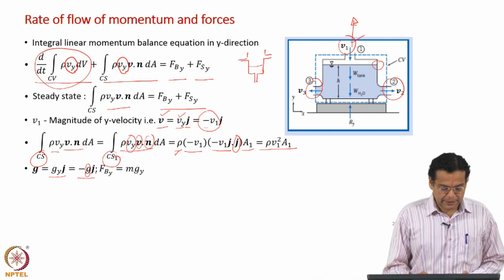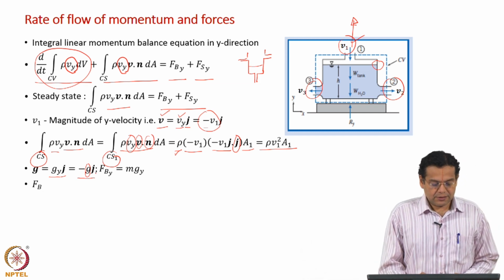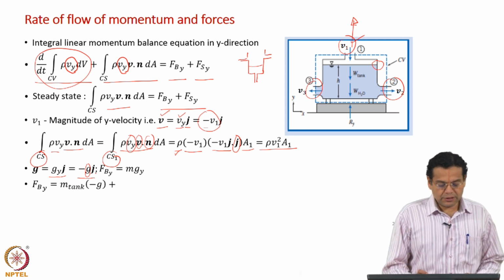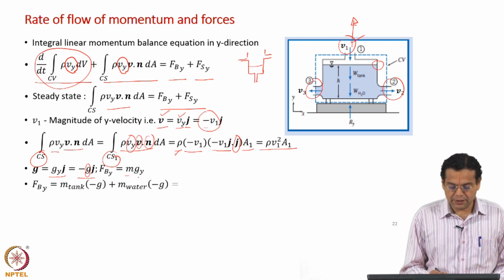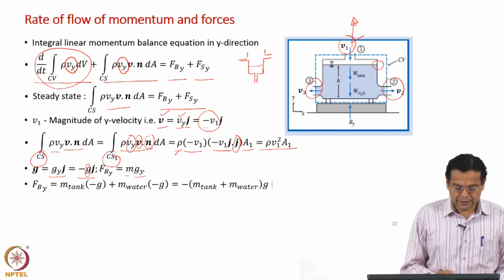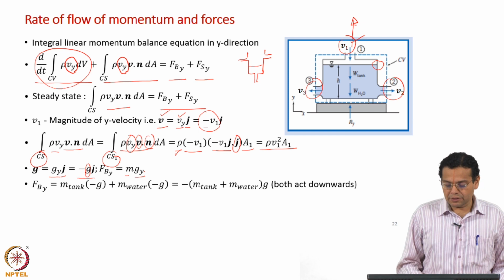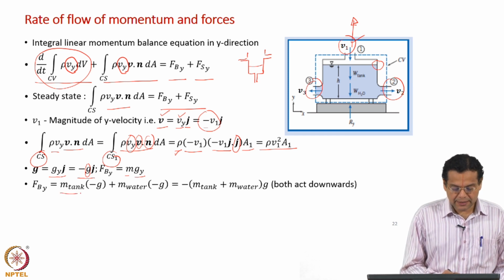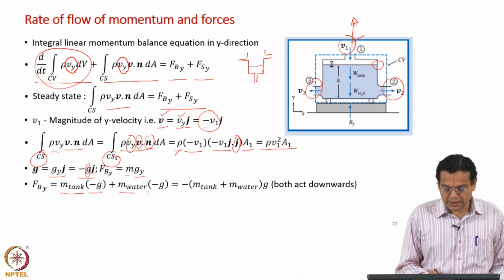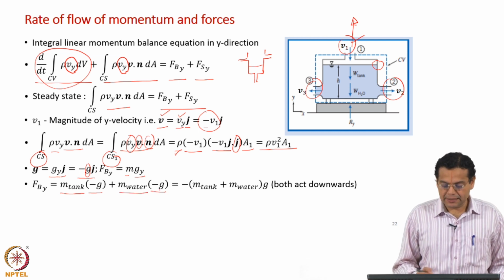Now, let us write the body force along the y direction. What is the body force along the y direction? It is mass into the component of gravity along the y direction. If you write here, there are two components to it. One is the mass of the tank multiplied by minus g, then you have the mass of water in the tank multiplied by minus g.